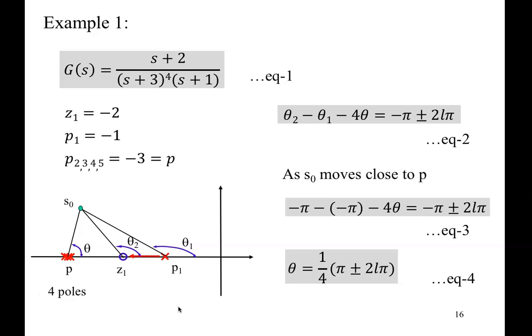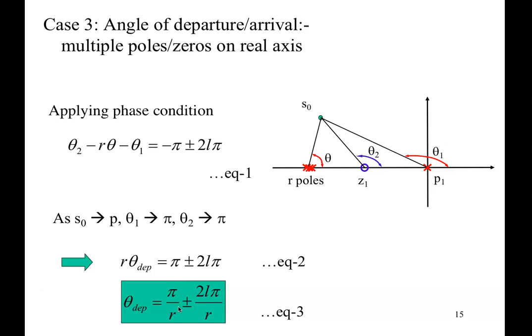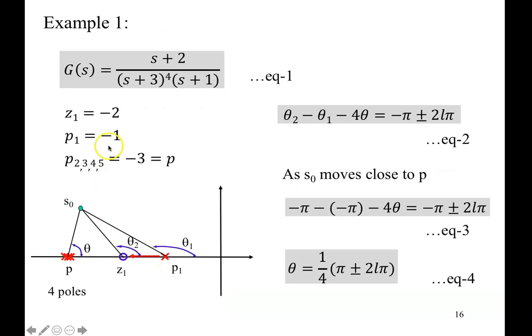So I'm going to run an example here, which is very similar to what we have in the general case. In this example, I have s plus 2, which gives me an open loop 0 at minus 2. I have s plus 1 for the pole, which gives me a pole at minus 1.